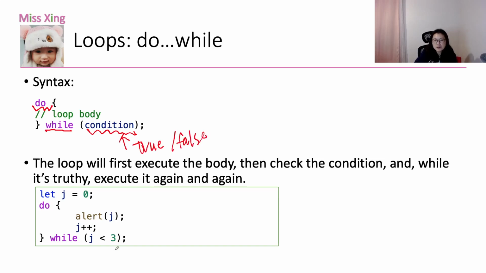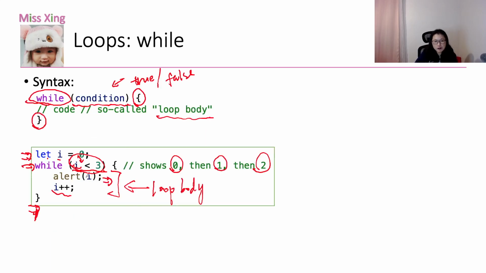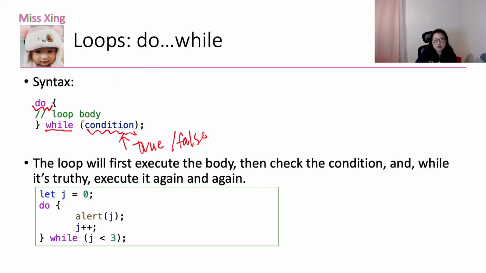The difference between while and do while is that for while, it does the condition checking first, then executes the body. But for do while, the statements in the loop body will be executed at least once, and then it checks the condition. While it's true, it will execute again and again.